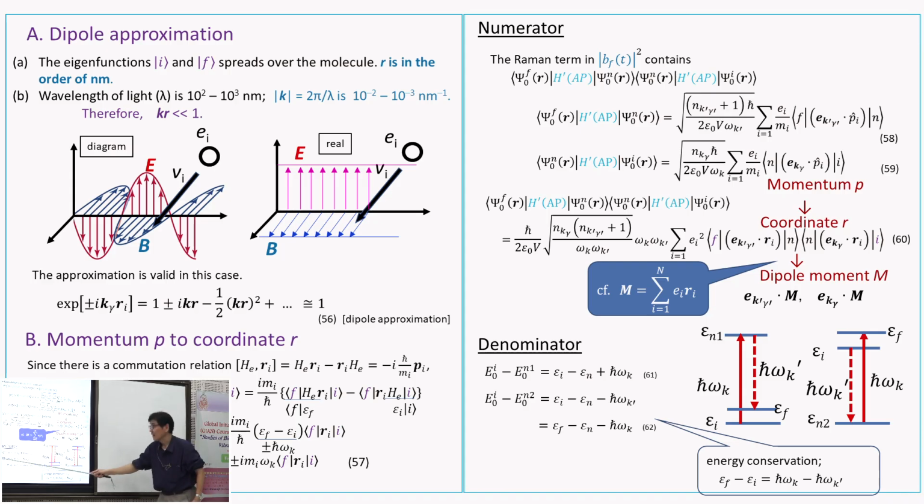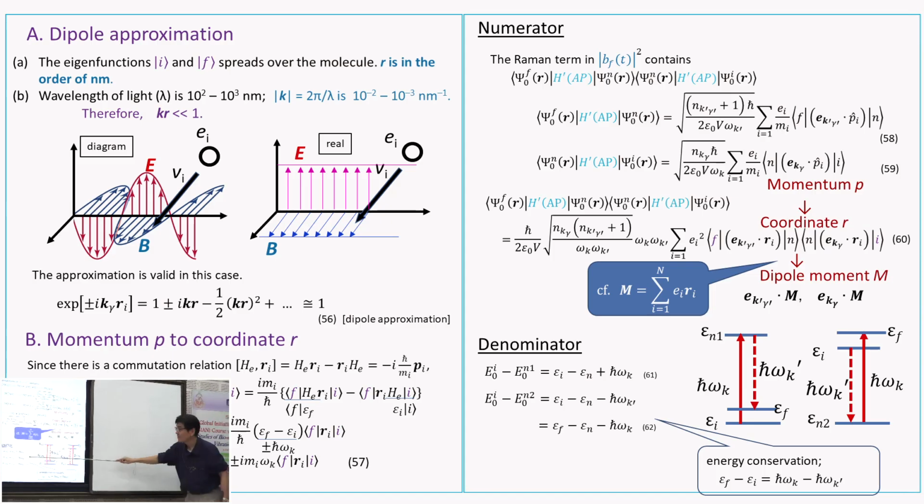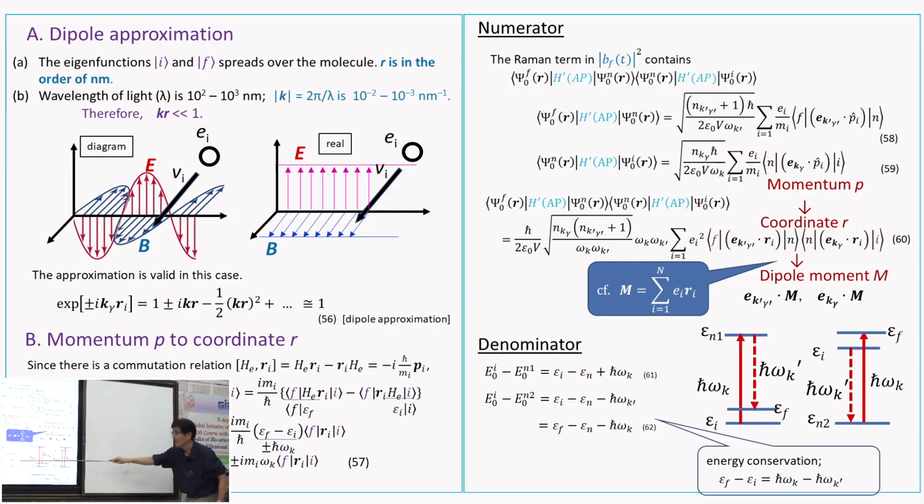On the other hand, E_I minus E_N2 corresponds to small e_i minus small e_n2 minus h bar omega k. And considering the energy conservation, the energy difference between the final and initial state is the energy difference between the incident beam and the scattered beam. So by considering this relationship, we can rewrite this term like this.